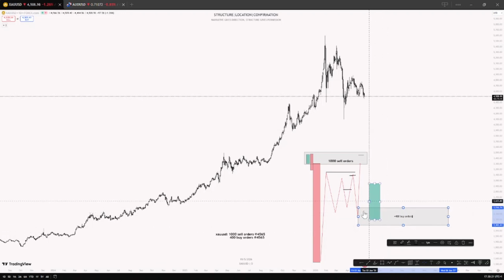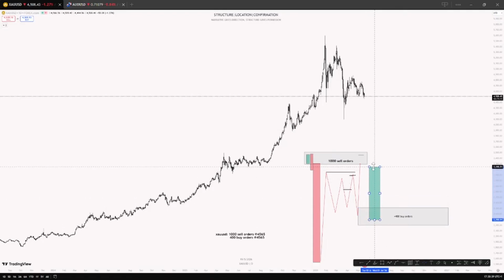So the momentum coming out of this resulted from an imbalance of sell and buy orders with 400 buy orders more. Price is going to seek supply to fill these orders, and if it does not get supply, it's going to keep pushing up. So the moment price comes to this level, which has 1,000 sell orders, these 400 buy orders will be absorbed.